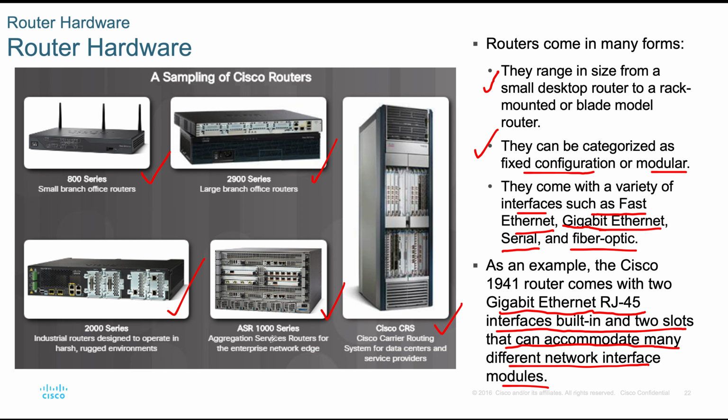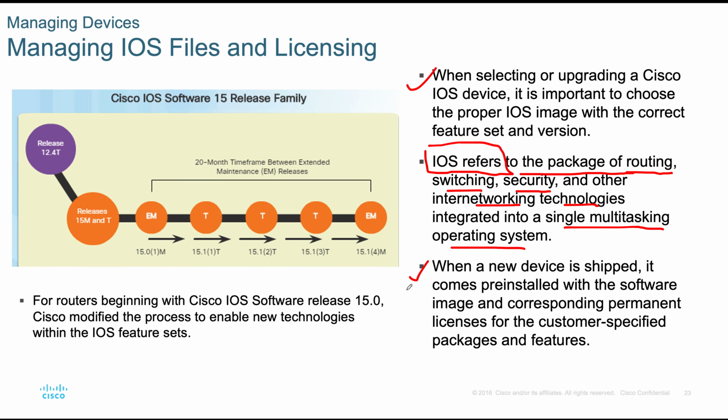They provide aggregation services for what we call the channel throughput that we've described earlier on. And then we have the Cisco CRS, Cisco Carrier Routing System, for data centers and service providers. This huge one is used by data service providers.